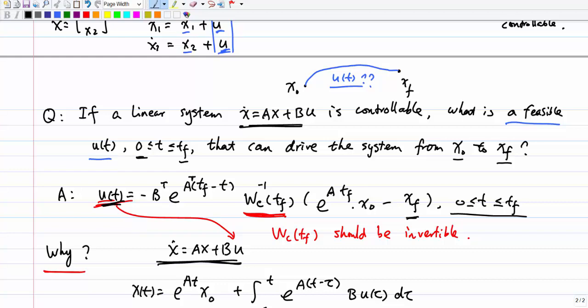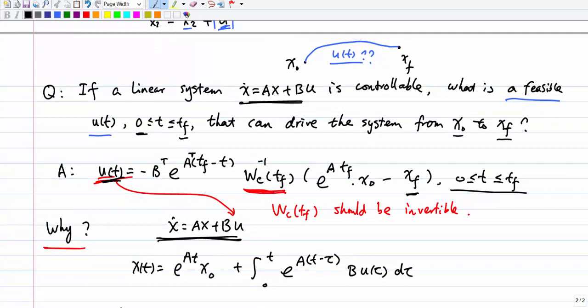So here we use the solution to the linear time invariant system with this control input, to see if the state at time tf will be xf.